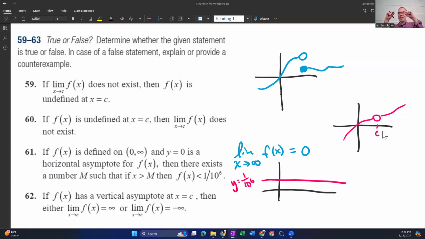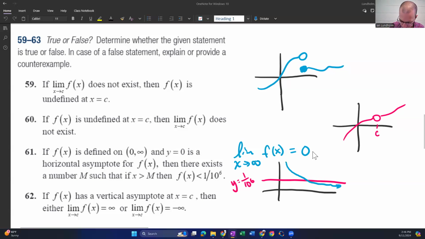That's very, very close to the x-axis. But we could draw a function such that at some point, it's going to duck under 1/1,000,000th because it's on its way to 0.